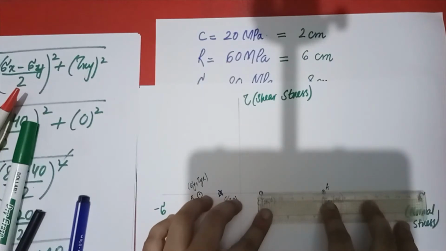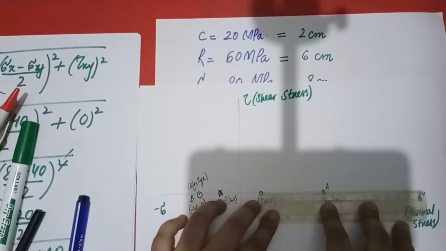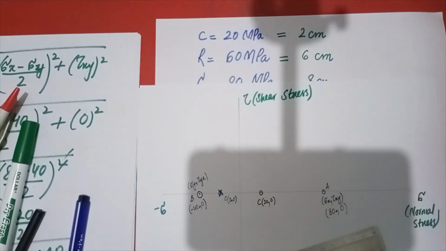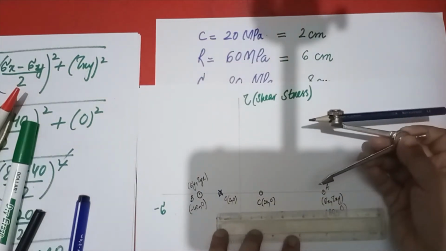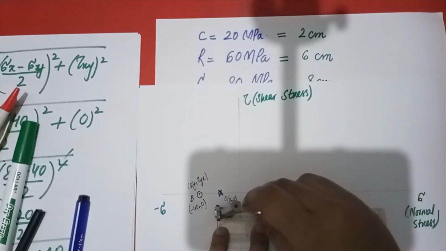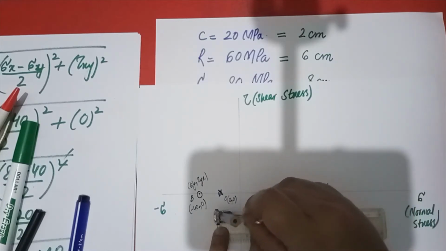Is it visible to all of you that I am getting 6 centimeter from C to A? So I have to take my compass and let me draw the circle for the 6 centimeter.